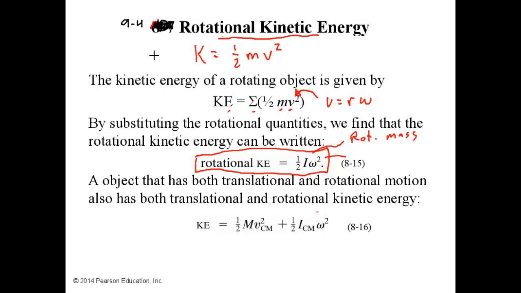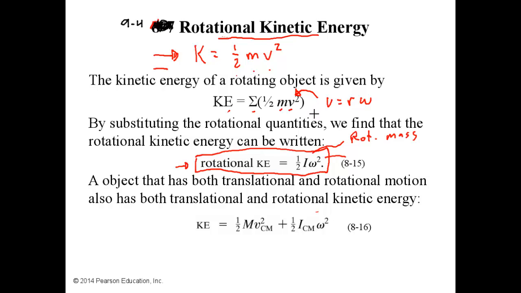This looks very similar to our expression of energy for moving objects. So if you're familiar with applying this equation up here, this equation right here is really very similar. 1/2 I omega squared, I is rotational mass, omega squared is angular velocity, 1/2 mass velocity squared up here.